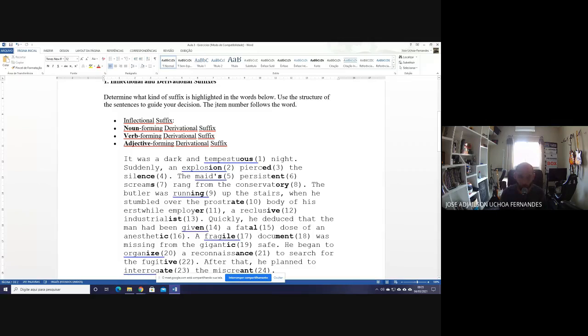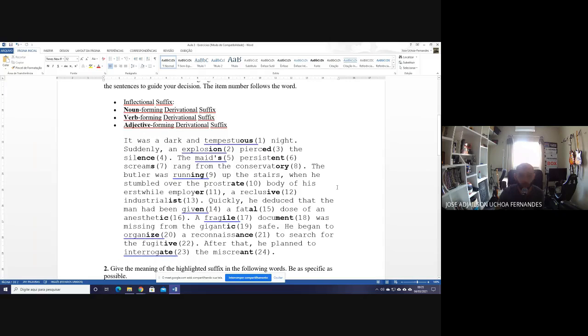In other words, take a look at the context, because without the context, you could be led to confusion because there would be two, three answers. The item number follows the word. So when you answer, you put number 1, tempestuous. OUS is what kind of suffix? Inflectional, derivational, noun forming, verb forming, adjective forming.